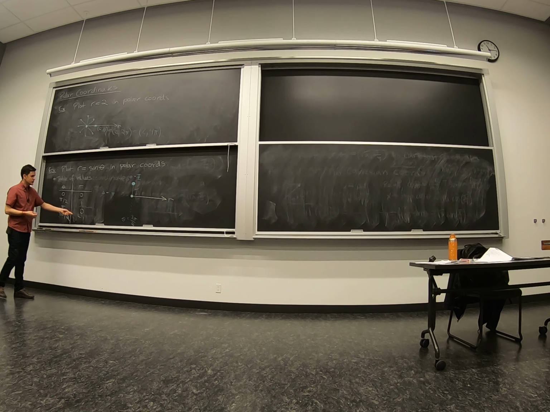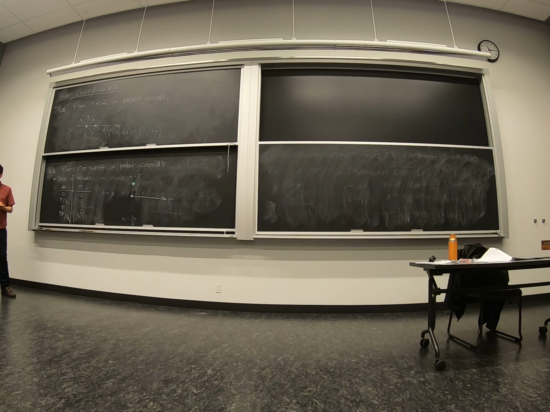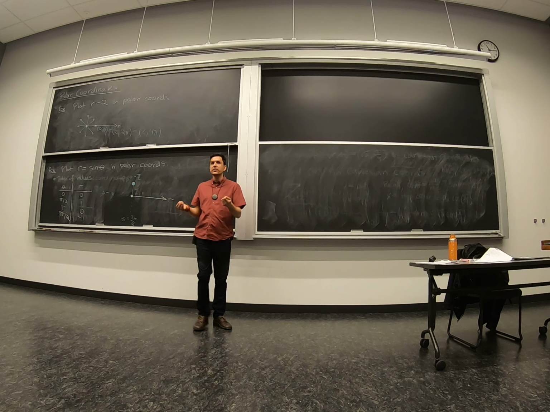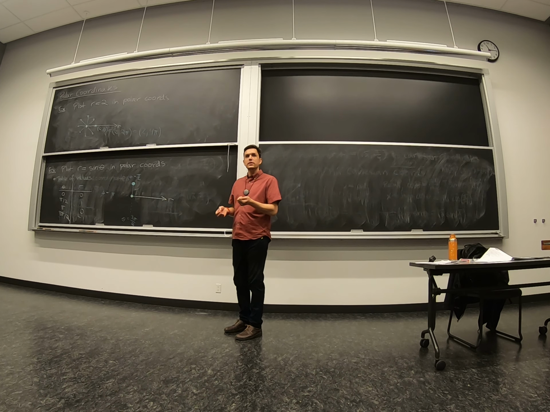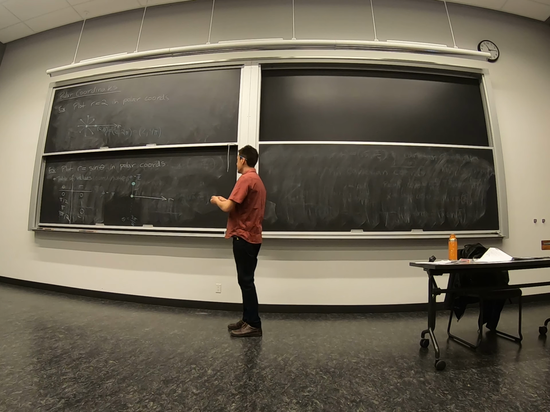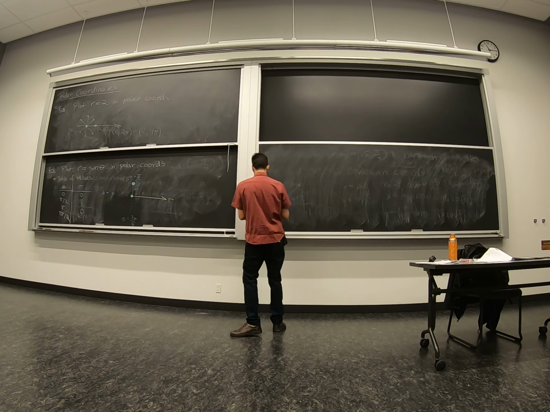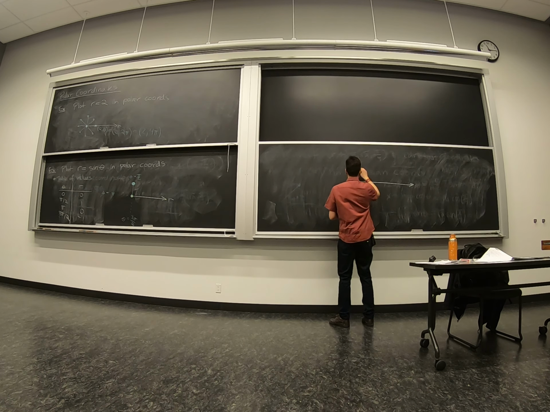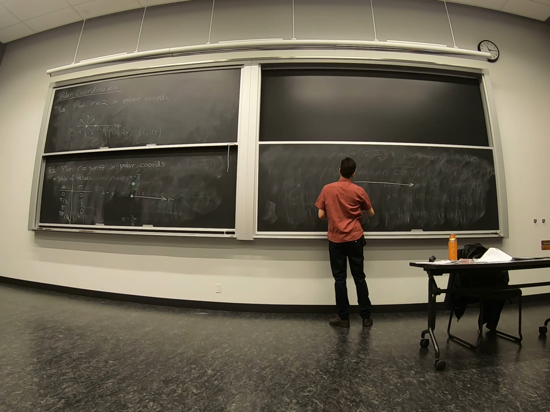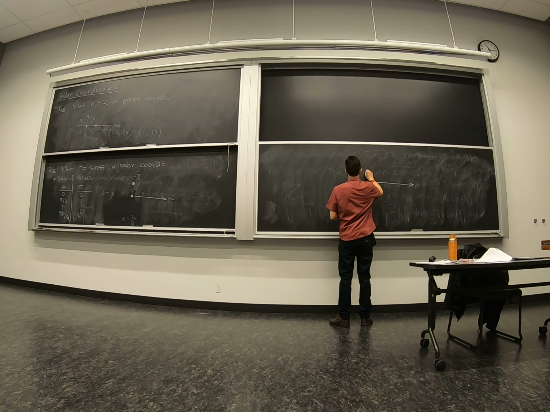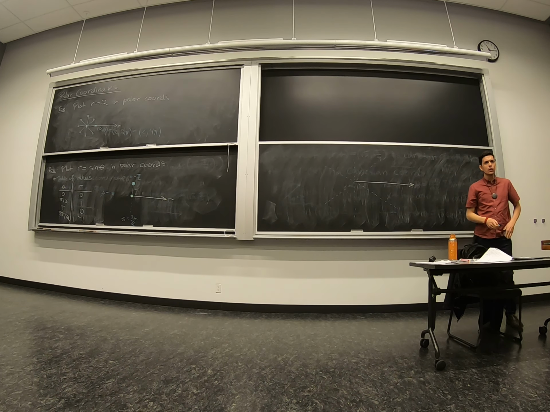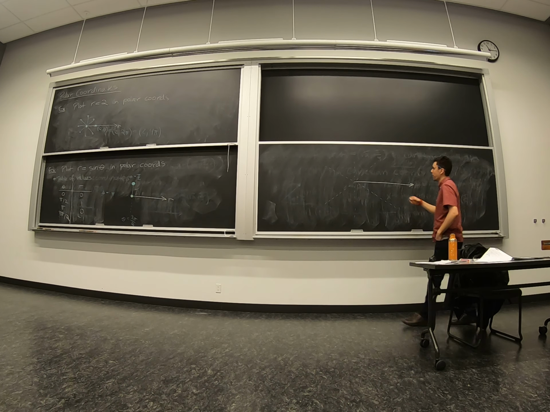Okay, so given these 4 points, we don't have much information. So I want to add more values to our plot so that we can see how this thing generates a curve. Okay, so I'm going to add in more axes.